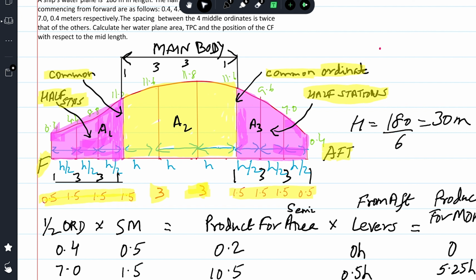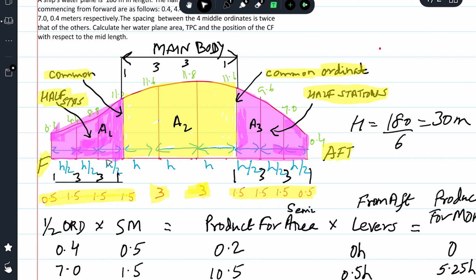In the forward part, you have 3 sections with h by 2 interval, and in the aft part also 3 sections with h by 2 interval. So in total there are 6 sections of h by 2. So how many complete h? 3. So 6 sections of h by 2 will make 3 complete h.